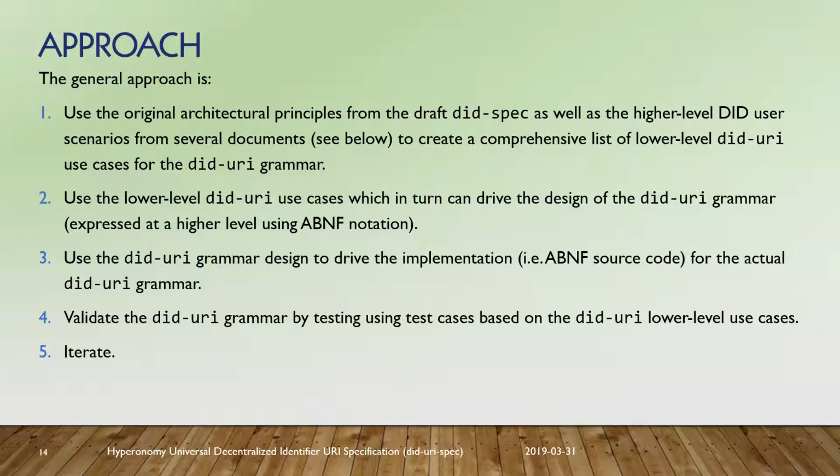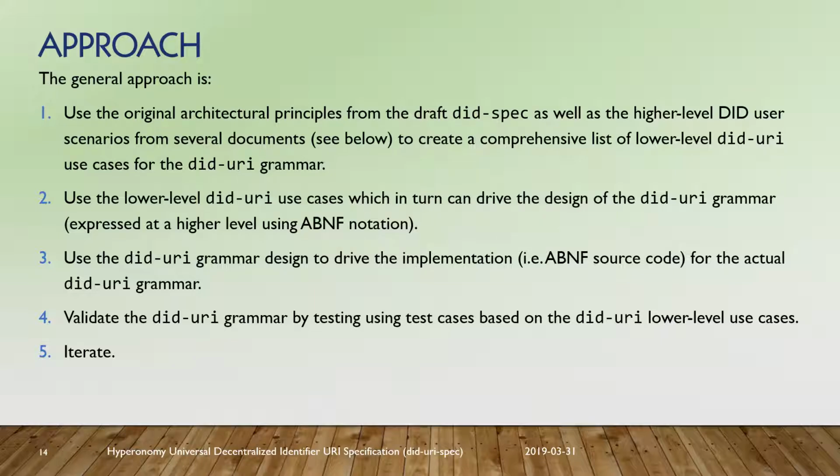And how do we take those high-level architectural principles to create what I call a lower-level set of did-URL use cases? Actual did : strings that represent all the different options and alternatives. And so where do we get those? We get those by looking at the Indy hypes. We get those by looking at the use case documents and imagining what the URLs are that would support those higher level user scenarios.